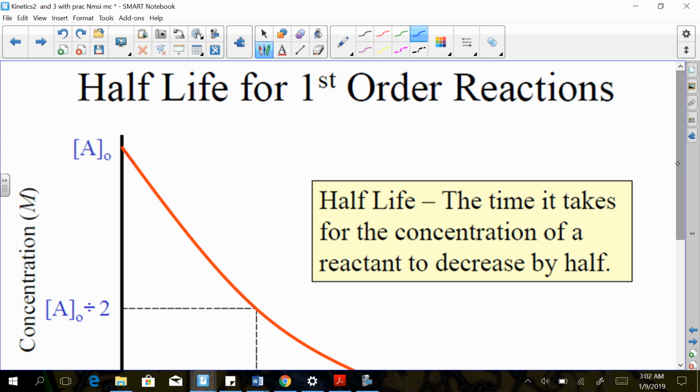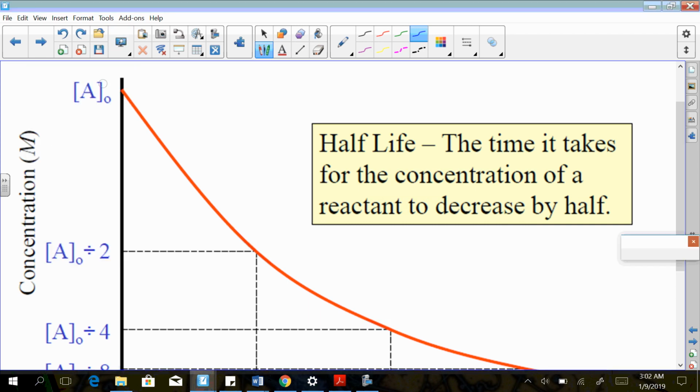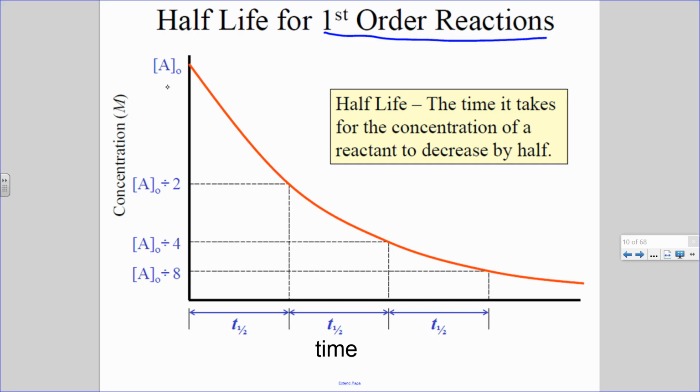Okay. Now, first order reactions have a very special property. They have a regular half-life. And what that means is if you start with a certain amount, like say you have 1 molar, and a certain time later you have 0.5 molar, and then a certain time later you have 0.25, and then 0.125.